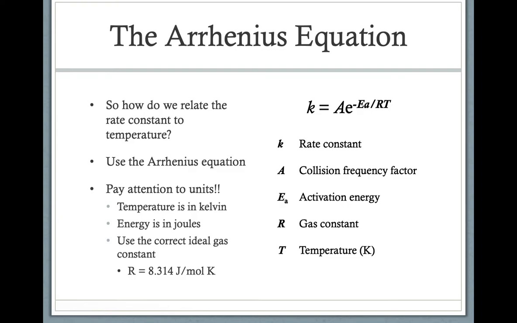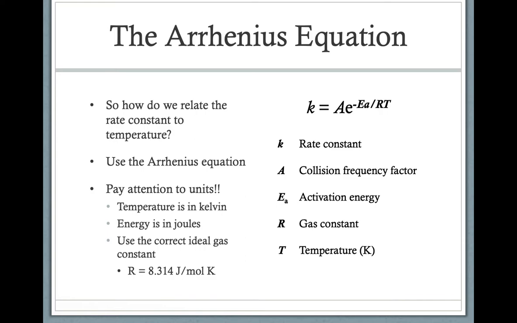It's not that easy to actually get A, and it's not something you're just going to know offhand for any given reaction. You have to experimentally find it, so it's a pain to calculate most of the time. What it really accounts for is the fact that not only do your reactant molecules need to collide with enough energy, but they also need to collide with the right, correct orientation.